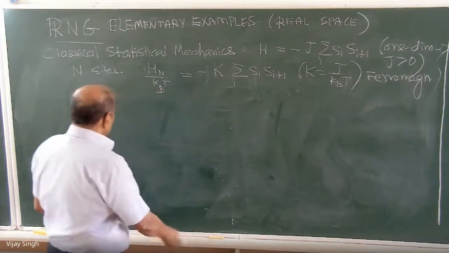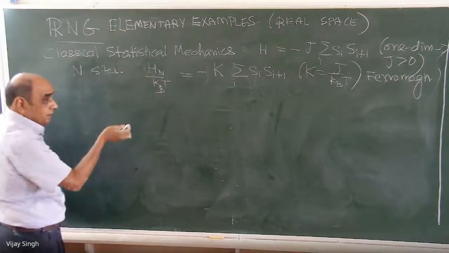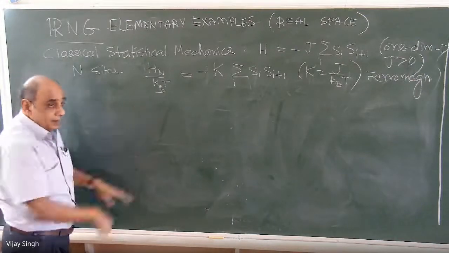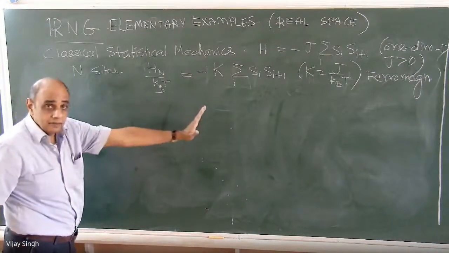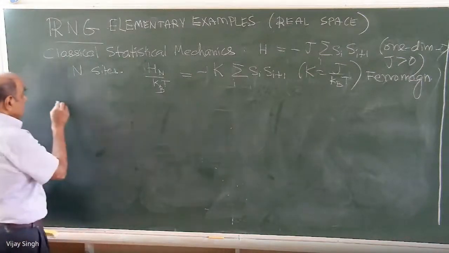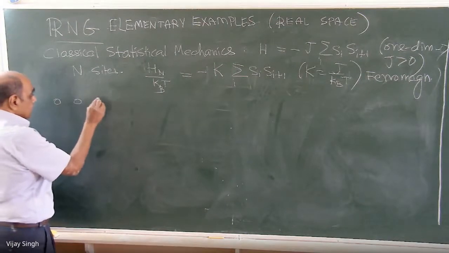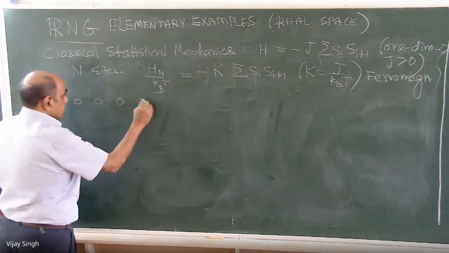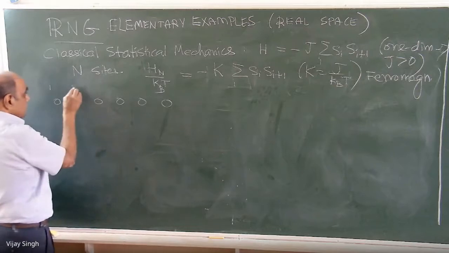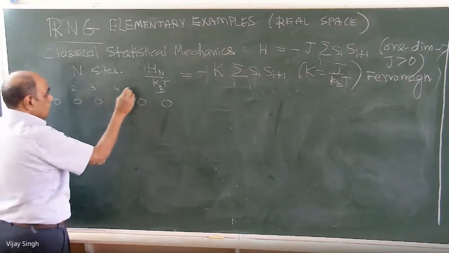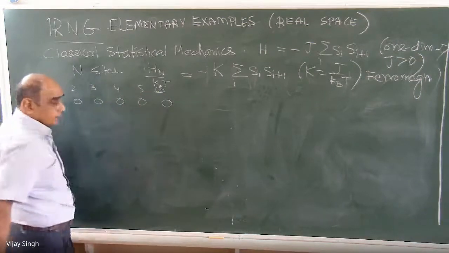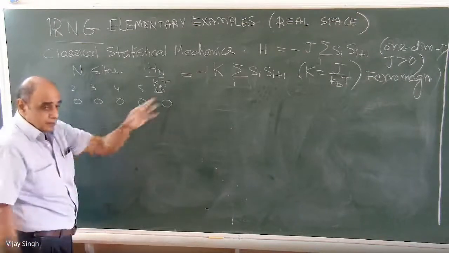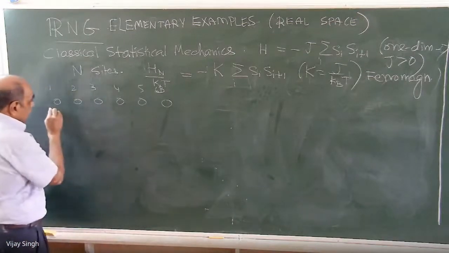The picture on the left hand side, and on the right hand side will be the algebra. The picture is 1, 2, 3, 4, 5, 6, and so on. And there are many. You take 3 sites at a time.